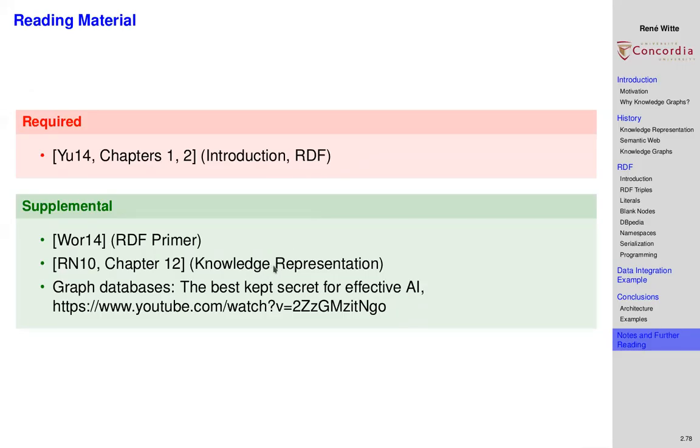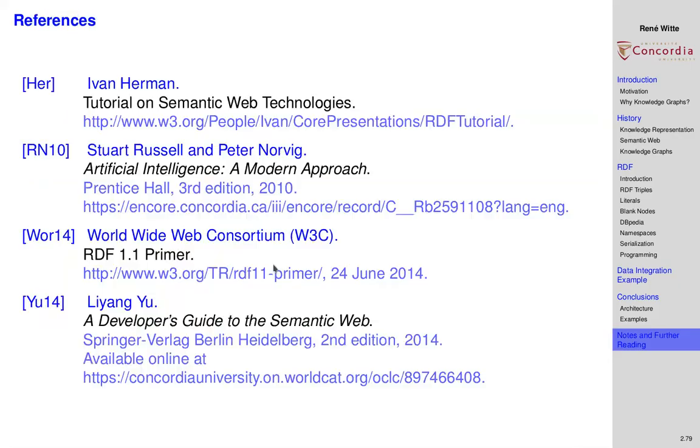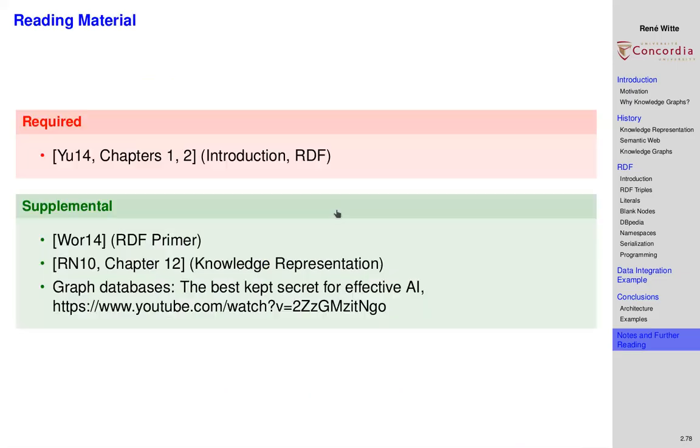Additionally, this book, I think you cannot access at the moment because the library is closed. This is just for the history of knowledge representation formats. There are some online resources for this as well. I think Wikipedia also has a page on knowledge representation formats. And there are also lots of videos on YouTube for graph databases.